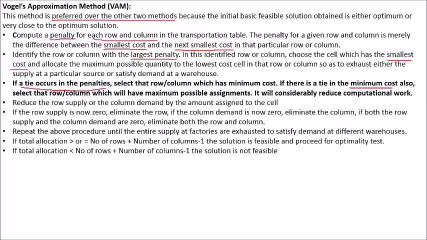If there is a tie in the least cost also, select the row which will have the maximum possible assignments. So you can try to do assignments, and select whichever gets the maximum assignments. Don't be confused guys, we will go with the problem now. The remaining things we can explain in the problem.